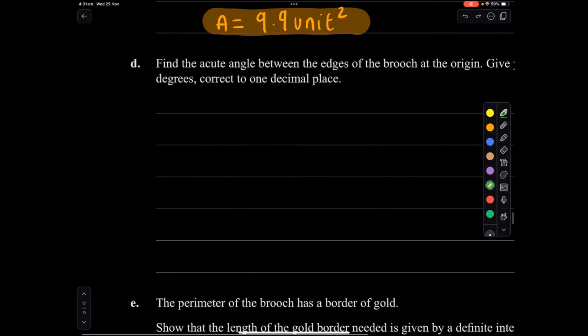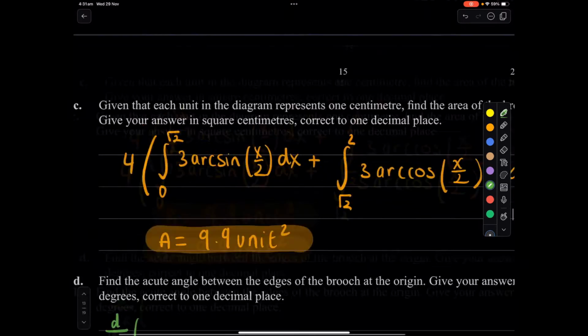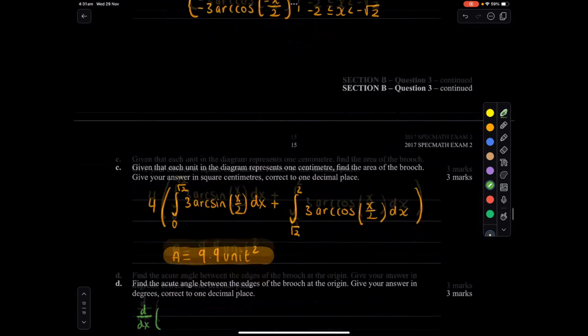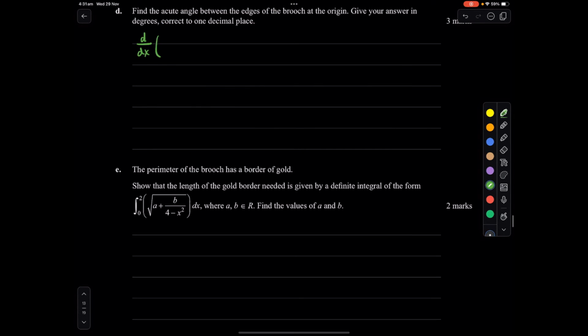We're going to find the derivative, so d dx of the straight line, which is 3 arc sine x over 2, when x is equal to 0. And that is going to give us our gradient.